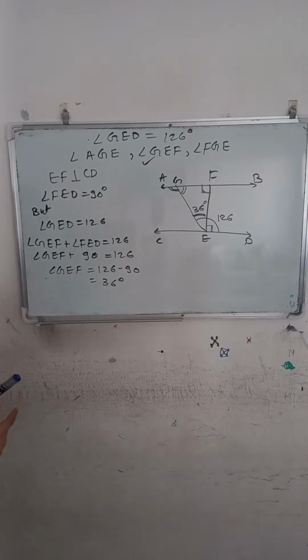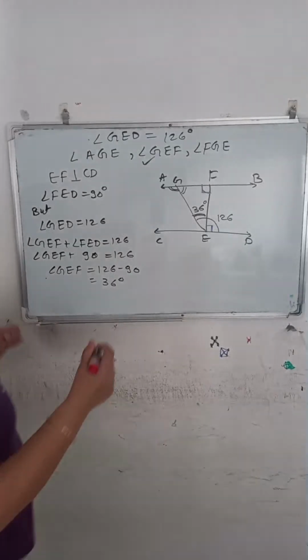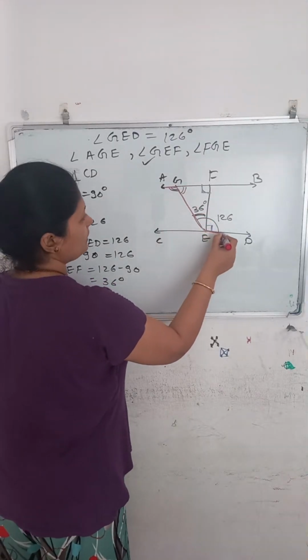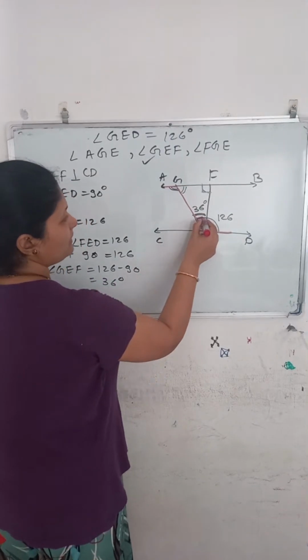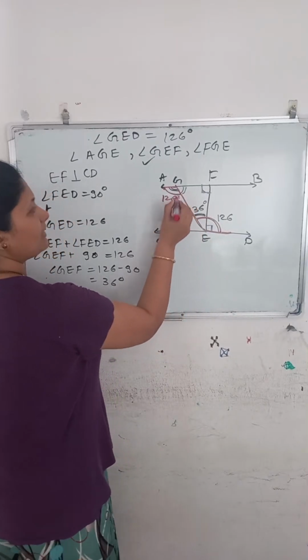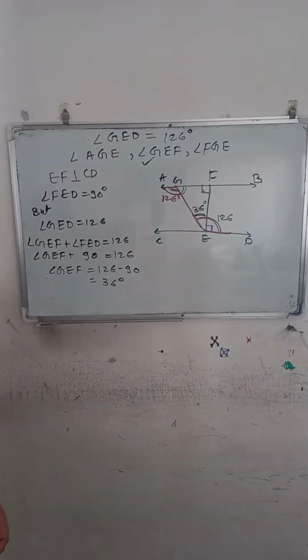Or see, can you see here? This is the Z formed, no? If this entire angle is 126, then this is also 126, correct, because of alternate interior angles.